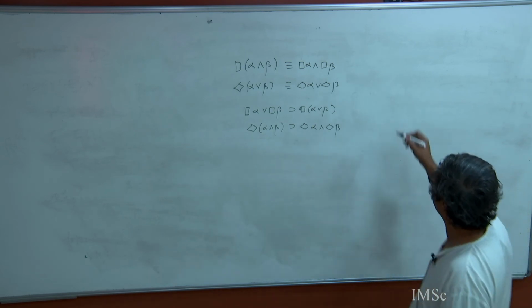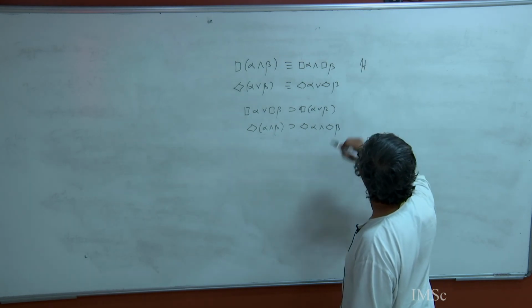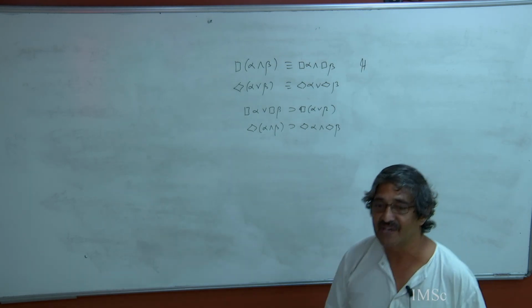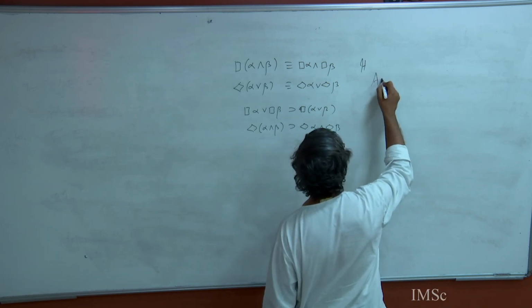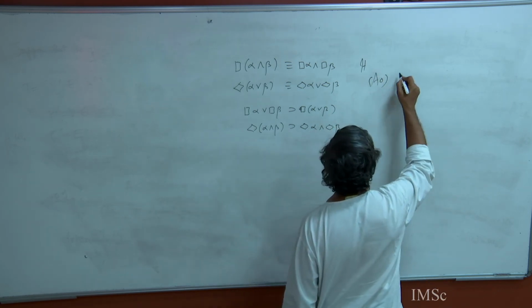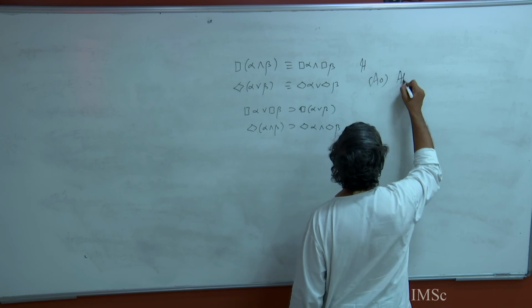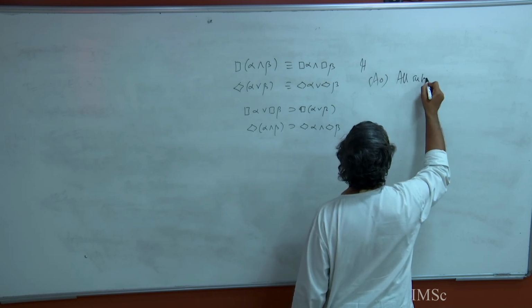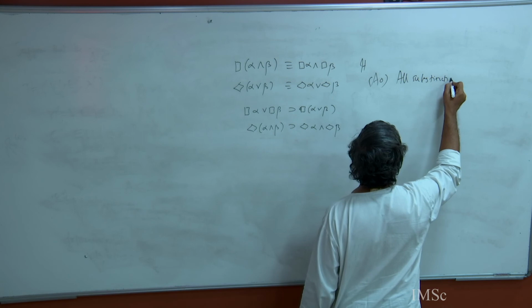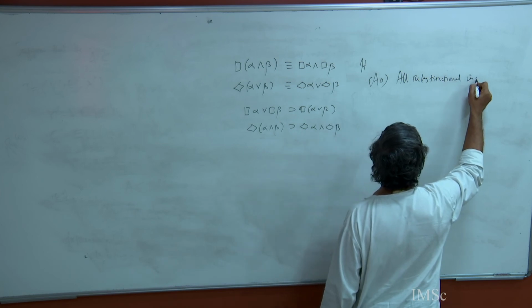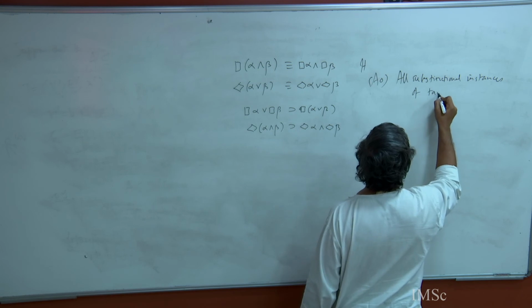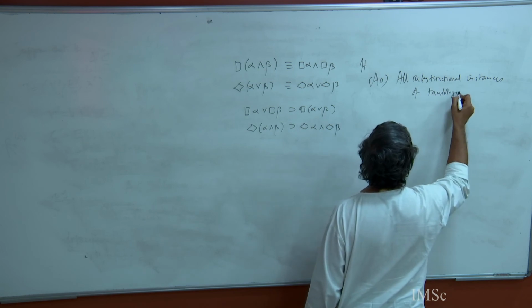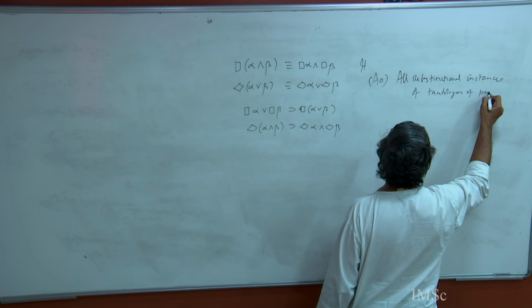So you would like to have Hilbert axioms. Since we already have propositional logic contained in it, you will have some axiomatization for the propositional part. So I'll say all substitutional instances of tautologies of propositional logic.